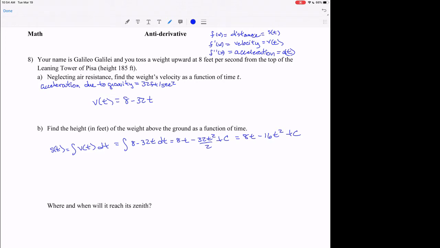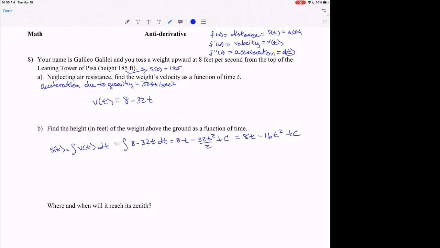Since I know that the height at 0, okay, so this could also be h of t, or I used s. So this means that s of 0 equals 185.